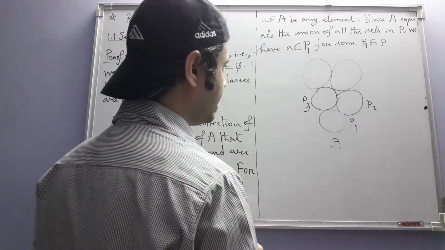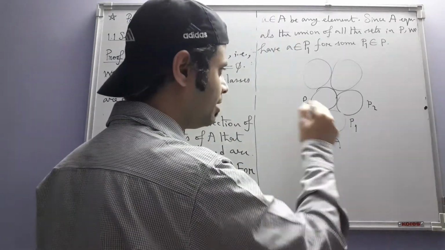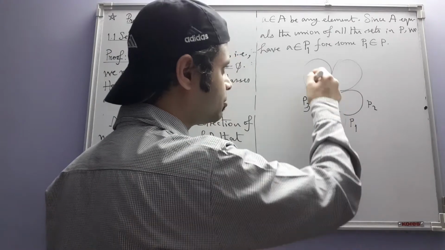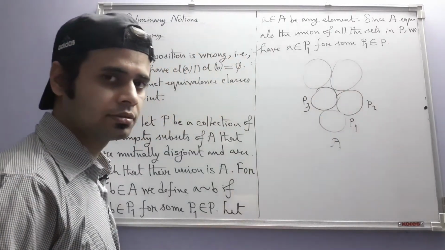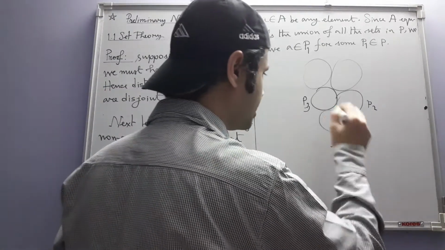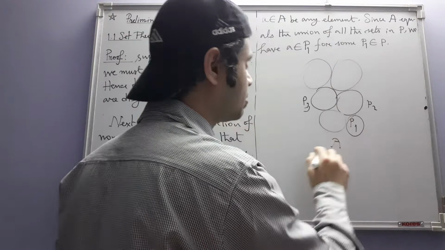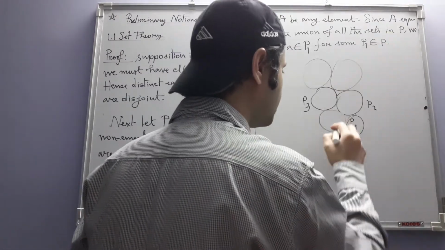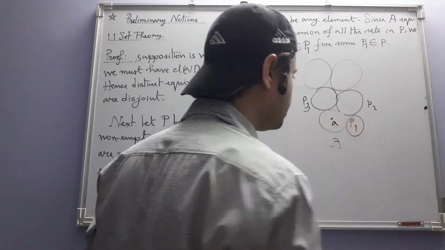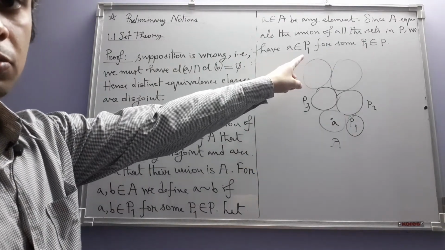Now the thing is that since the element a is in A, a will definitely belong to one of these sets because their union is A. So there we will find one subset P1 of A which is in P and which contains this element a. So that's how we are getting a belonging to P1.